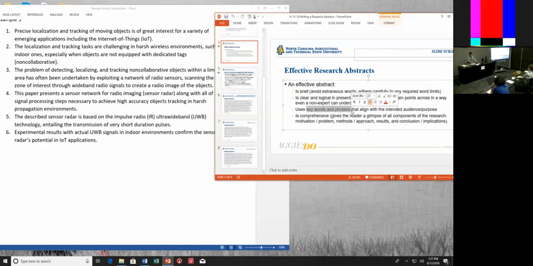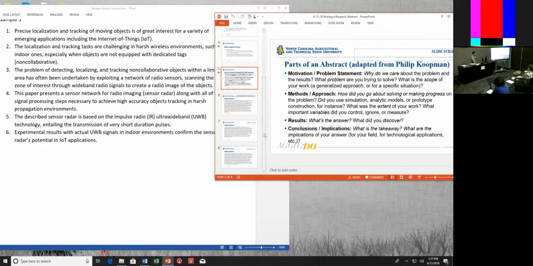Experimental results with actual UWB signals in indoor environments confirm the sensor radar's potential in IoT applications. And this is what was mentioned earlier, that in this one it's kind of out of order because the results are not concretely spoken of at all. They don't say anything about what they found except to say that it confirmed their potential. They just say that experimental results were conducted, right?